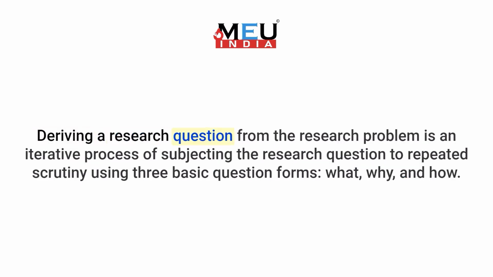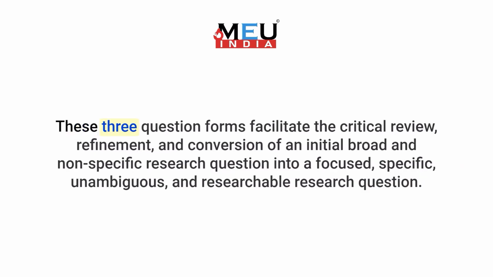Deriving a research question from the research problem is an iterative process of subjecting the research question to repeated scrutiny using three basic question forms: what, why, and how. These three question forms facilitate the critical review, refinement, and conversion of an initial broad and non-specific research question into a focused, specific, unambiguous, and researchable research question.